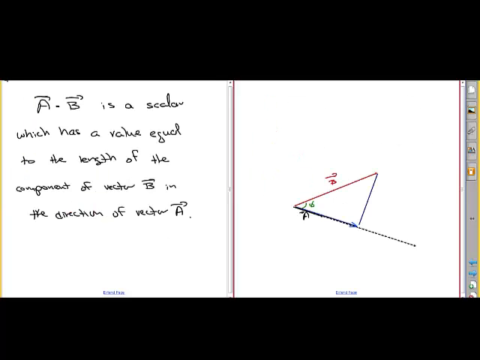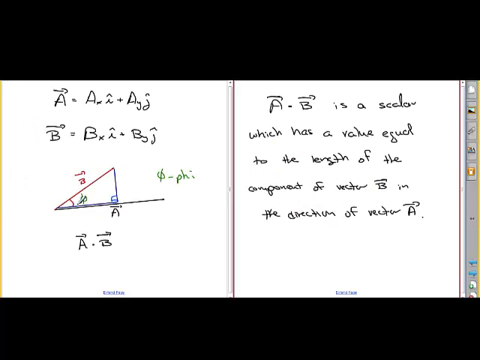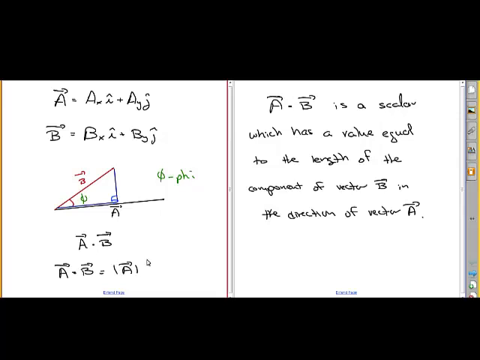Now, going back to the original drawing, you can also, from geometry, say that the value of vector A dotted with vector B turns out to be the magnitude of vector A, which is a number, a scalar, times the magnitude of vector B times the cosine of the angle phi between the two.